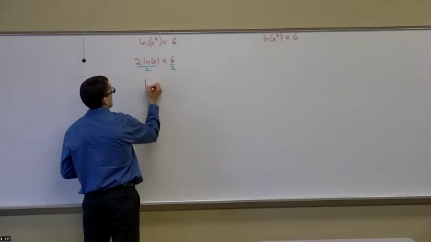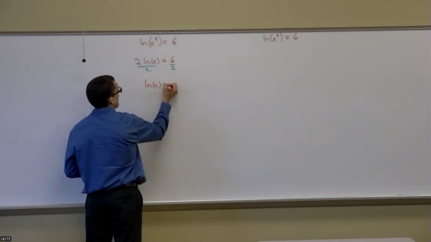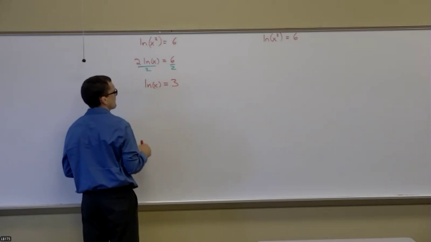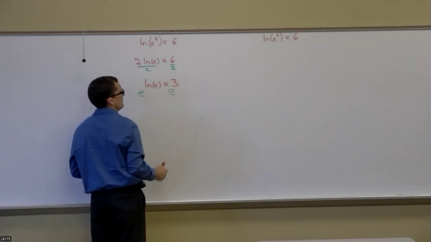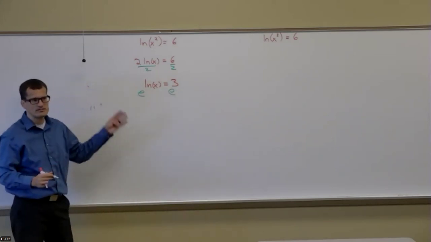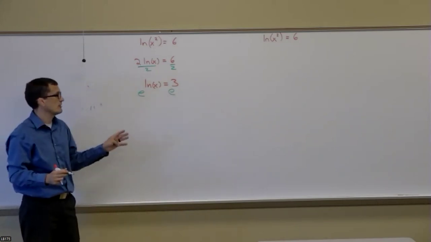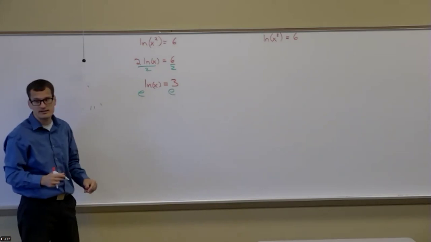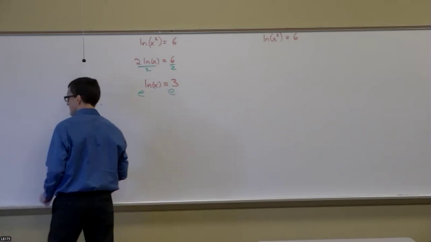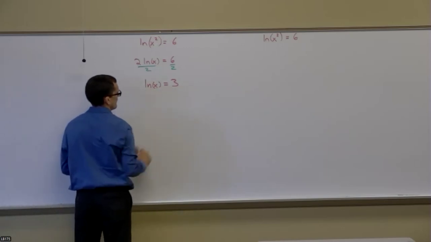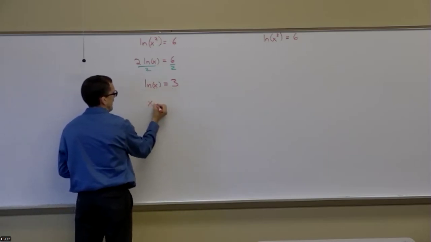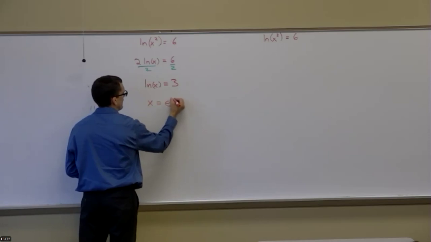That will give me natural log of x is equal to 3. And then again, think of taking e to the natural log of x on the left, e to the third power on the right, or rewriting as an exponential equation, whichever way you like. That's x is equal to e to the third.